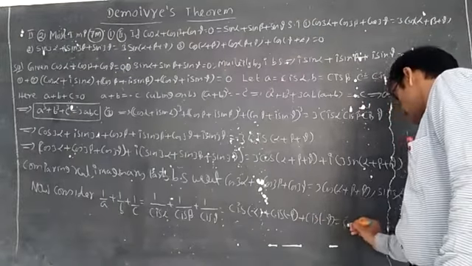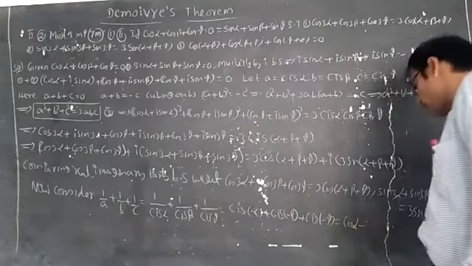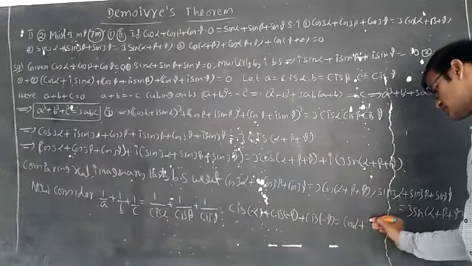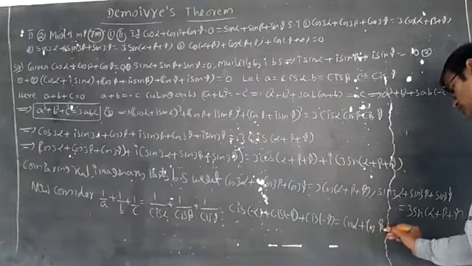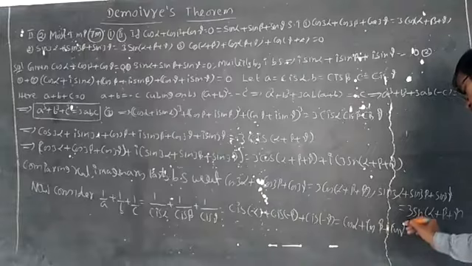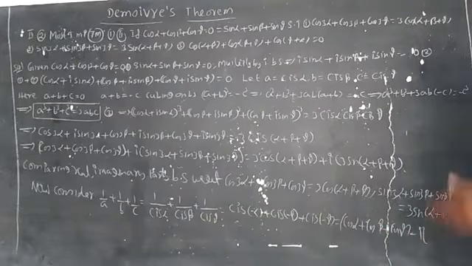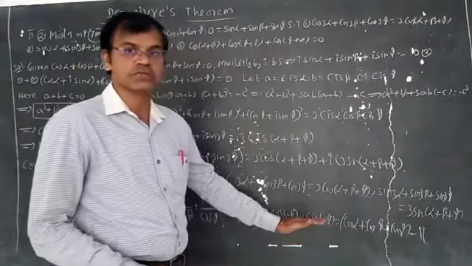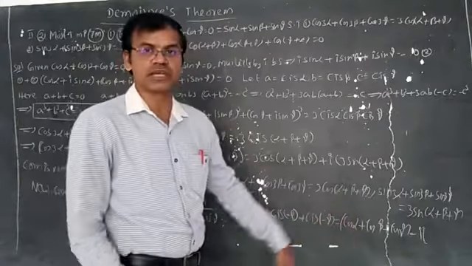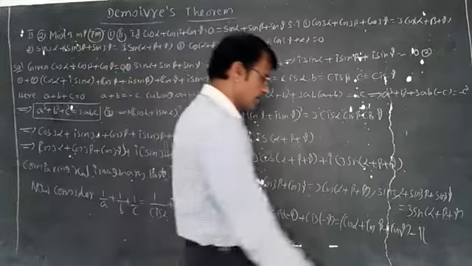You can write this as cos alpha plus cos beta plus cos gamma minus I taken common, that means cos alpha minus I sin alpha plus cos beta minus I sin beta plus cos gamma minus I sin gamma. Taking common like this, cos alpha plus cos beta plus cos gamma minus I into sin alpha plus sin beta plus sin gamma.